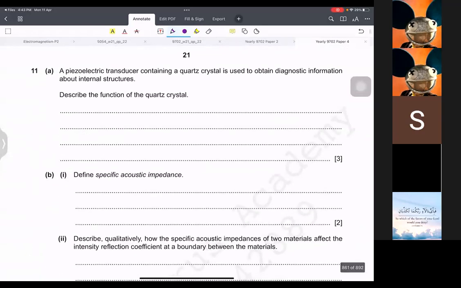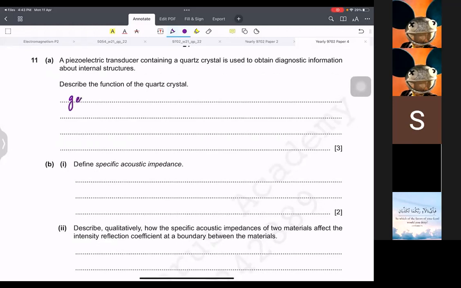Now, question number 11. Describe the function of quartz crystal. Function of quartz crystal. Okay, this quartz crystal is very easy. It generates ultrasound. Also detects ultrasound.